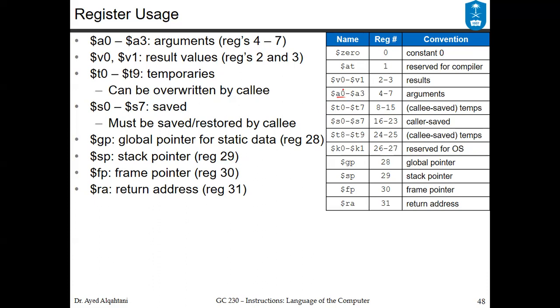You need resulting variable registers, and you have V0 and V1. And you also need to save the return address after you finish the procedure, and you save it in the RA register.